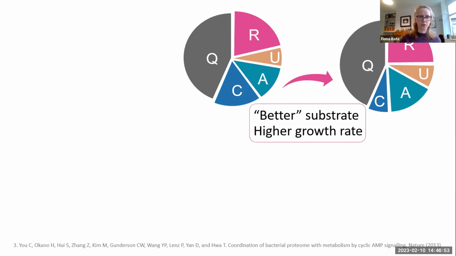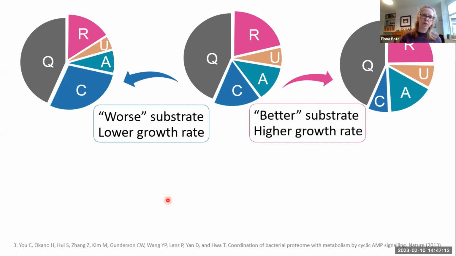So hopefully you can see the C sector, in this case, for a better substrate, you need less catabolic enzymes. So this sector is smaller, and these three other sectors, their size increases. On the other hand, if you have a worse substrate, which will give you a lower growth rate, you need more catabolic enzymes, and the other three sectors here will get smaller.